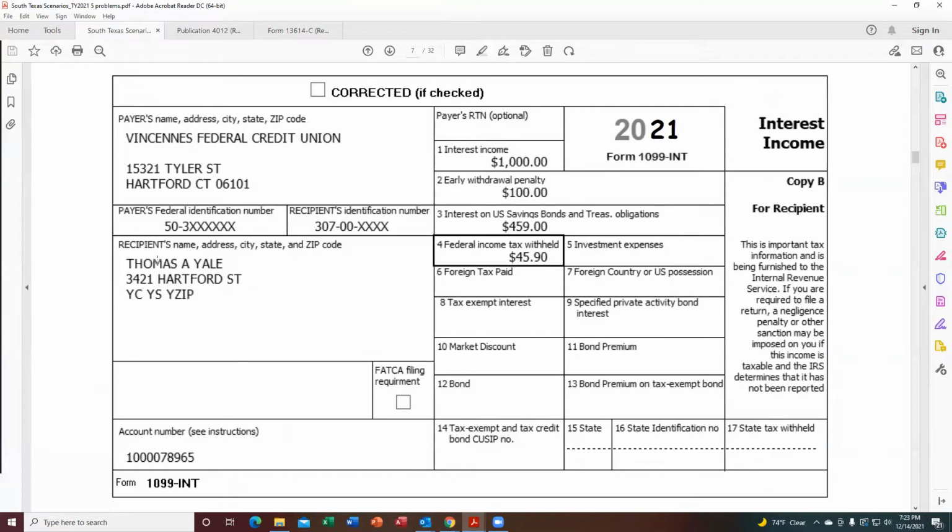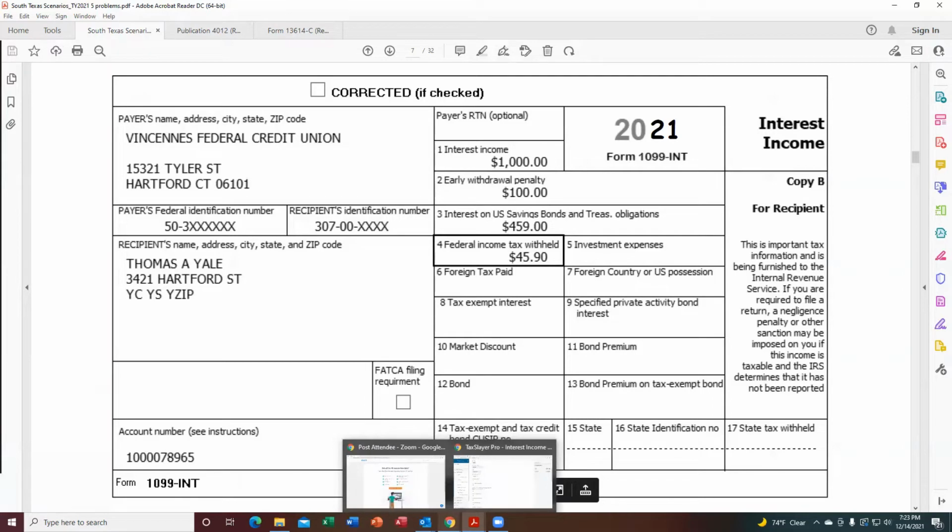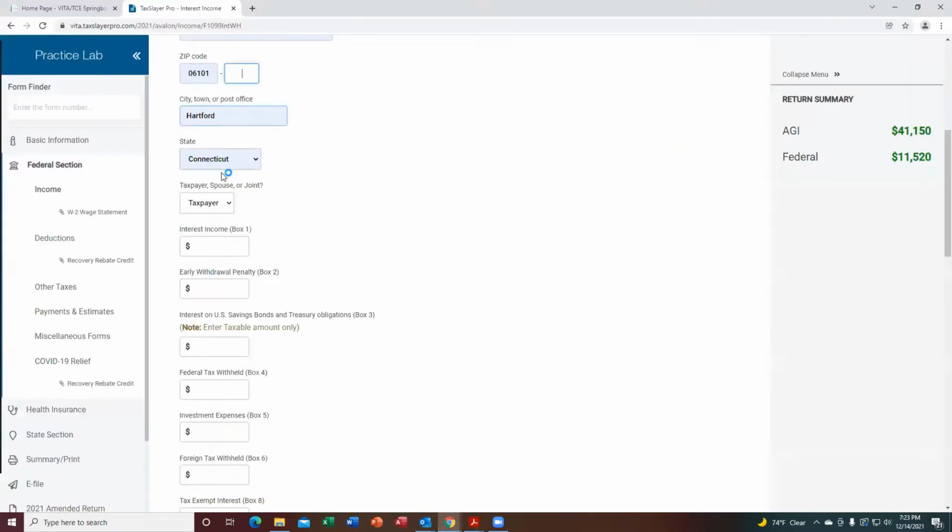So again, just so that we note the correct recipient's name, we're going to note that on the actual software. So the form belongs to the spouse, right in here. Interest income as it appears on box 1 is 1,000.